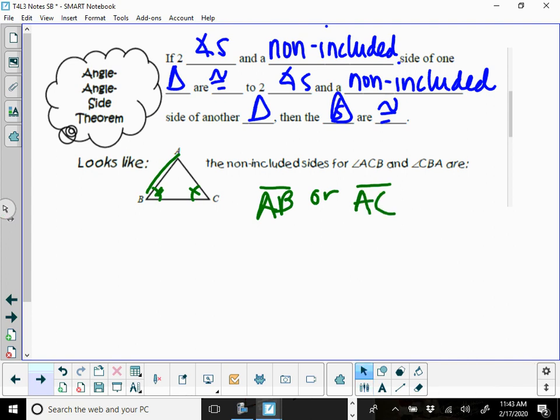Side BC is your included side. It touches both angles, so it is the one between the angles. So it could be either of those. You could be given AB or AC. As long as they're congruent, then you have angle, angle, side.